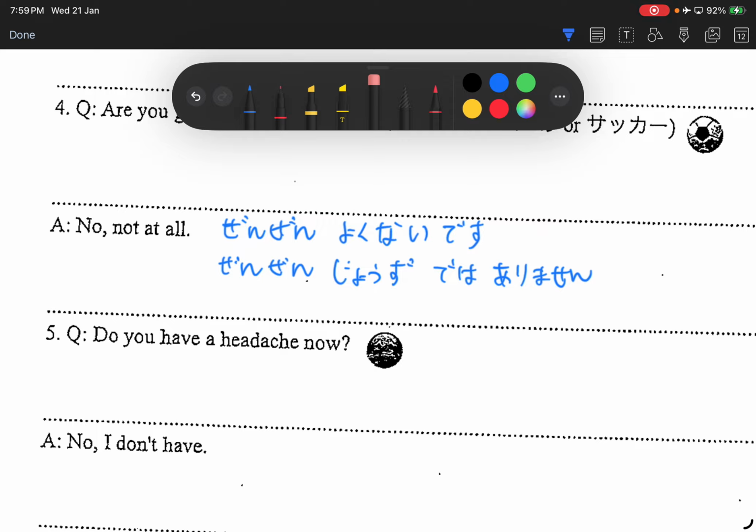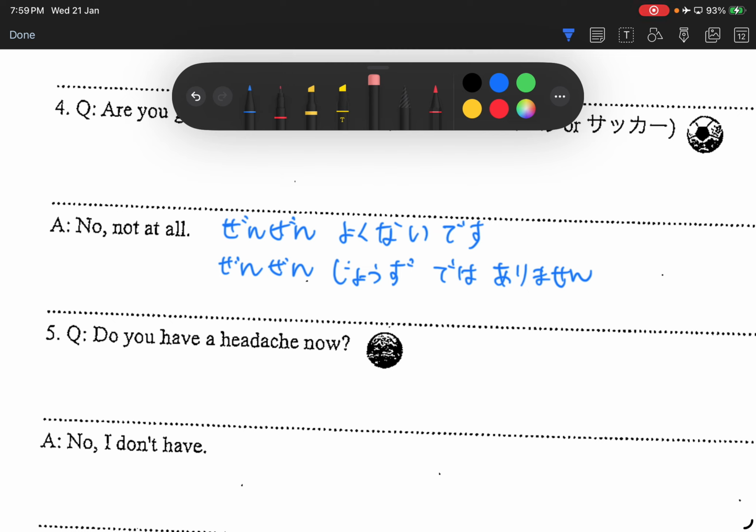So she chose to use not good in the general form. You choose to say that the skill level is low. Right? So jozu can only refer to skill level. We cannot say like this ice cream is no good. Then we cannot say this ice cream jozu de wa arimasen. The ice cream level very low. What level very low? Right?